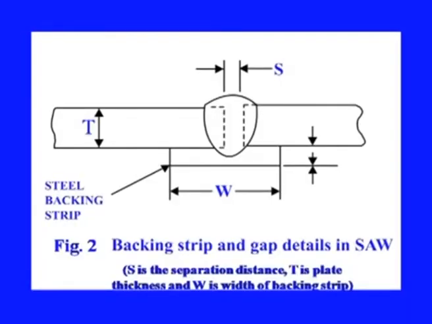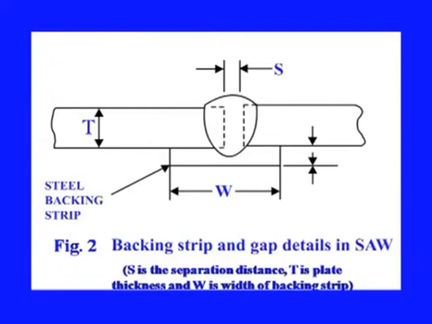Submerged arc welding requires some edge preparations and provision for backup strips for effective welds to take place. The details of these are indicated in the next figure and the process parameters are indicated in the next table. So, this is a basic configuration used in submerged arc welding process as shown on the screen.